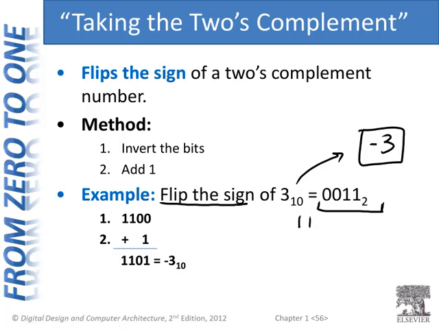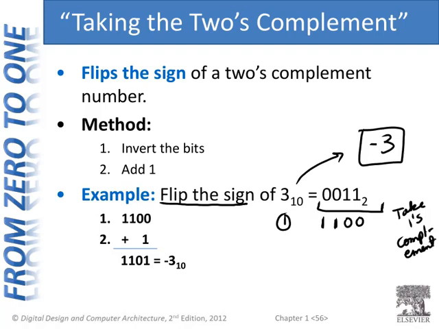And I actually like to align these up so you don't get off by a bit or miss the alignment. So the first step is to take the 1's complement, invert the bits. Taking the 1's complement means invert the bits.